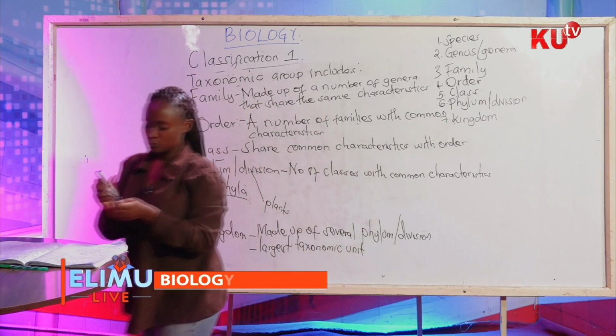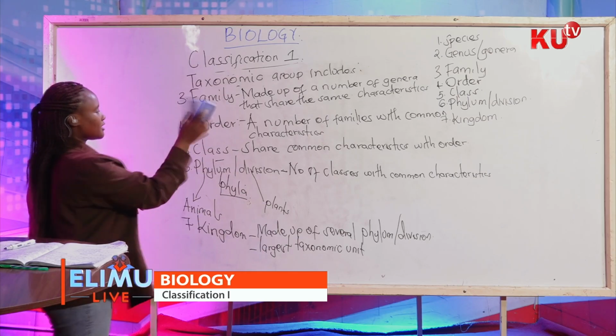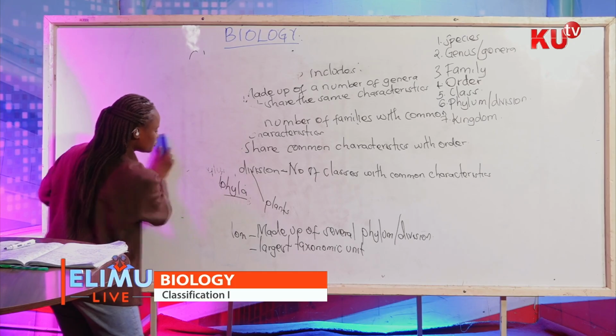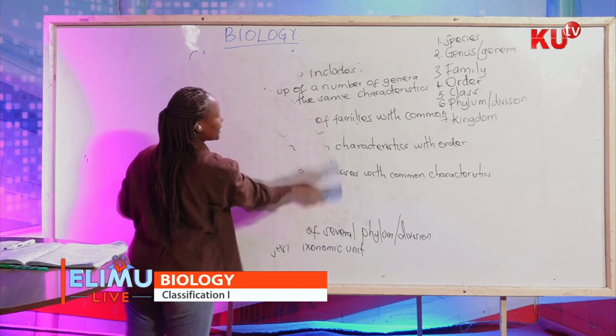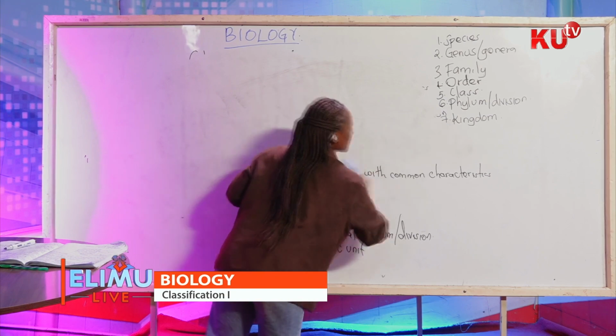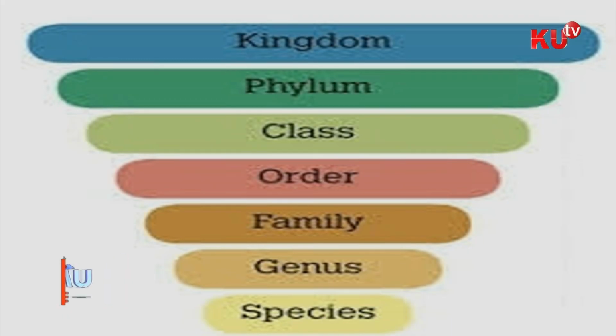Now, we move on swiftly to mnemonics. How to remember the taxonomic units from the largest to the smallest.